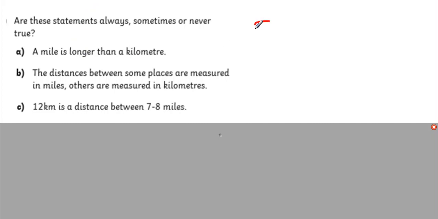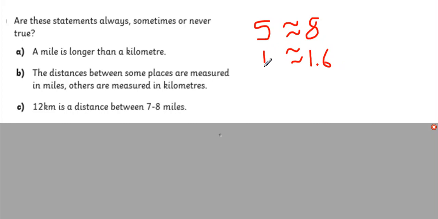Because we know that 5 miles are approximately 8 kilometres. So we know then that 1 mile is approximately 1.6 kilometres, don't we? Yeah, because we've divided them both by 5 to get 1 mile and 1.6 kilometres.